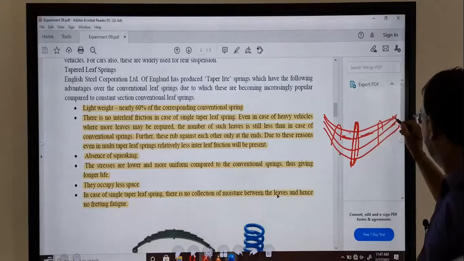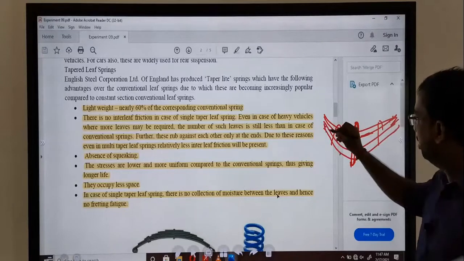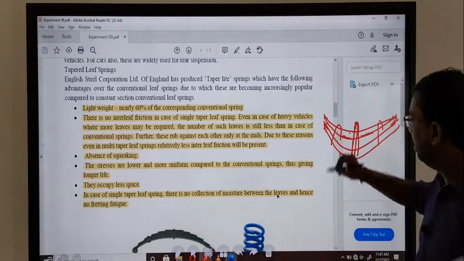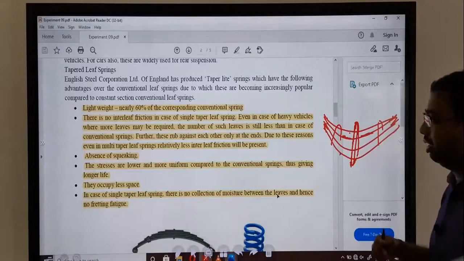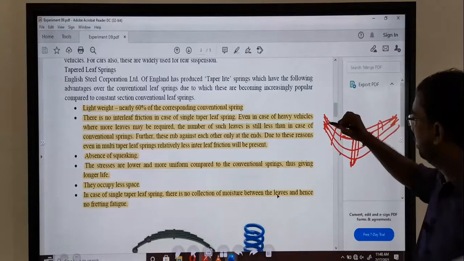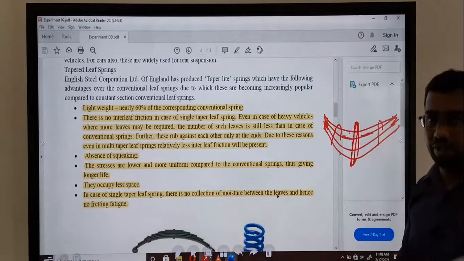At the end of these leaf springs, between each leaf spring, there is a trap, kind of friction.